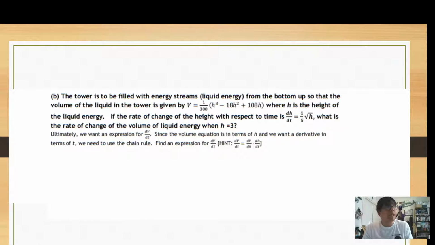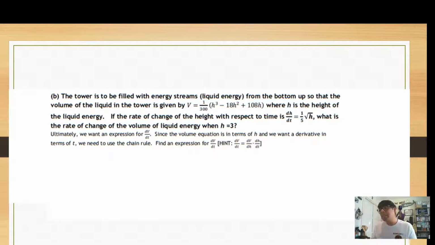Let's take a look at our next one. Our tower is going to be filled with those energy streams now, or the liquid energy. If you're not paying attention to this problem, you probably aren't going to see that we're looking for dV/dt. And our problem is that our equation for volume is in terms of h.